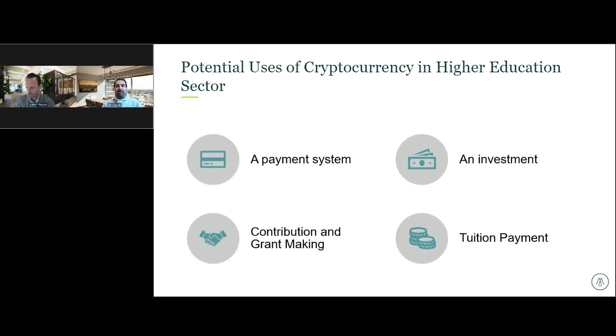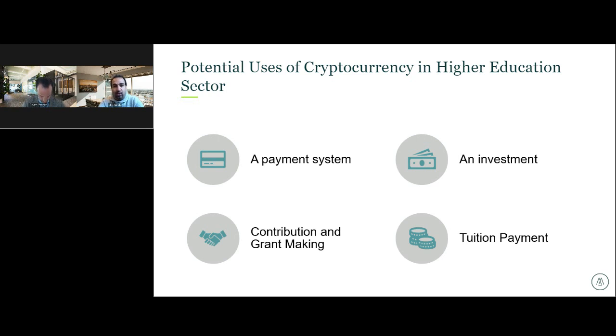Grant making and contributions, we're seeing an increase in that. If you remember back a couple of years ago, or even longer, a lot of startup companies or founders were donating stock to not-for-profit organizations. Well, we're seeing that with cryptocurrency, where these founders are donating actual cryptocurrency to not-for-profit organizations.